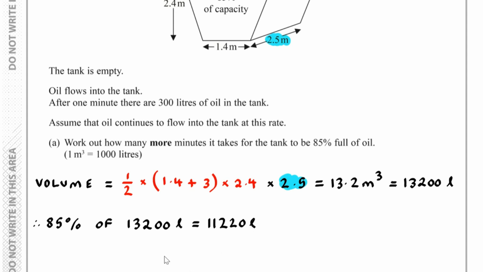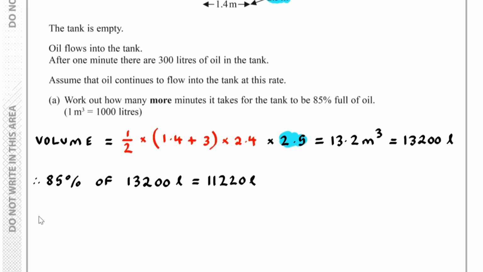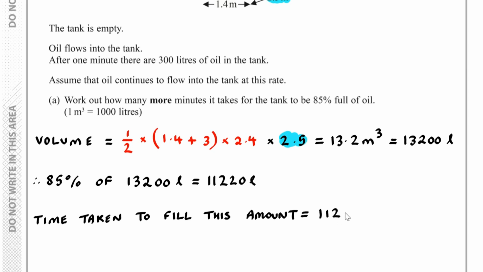So what we need to do is find out how long it will take to fill this amount. The time taken to fill this amount will equal 11,220 litres, and then I need to divide this by 300 litres per minute.